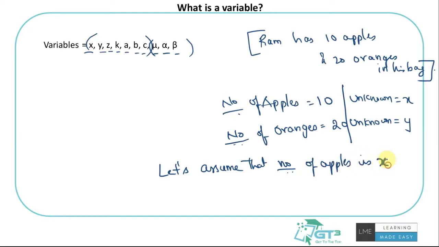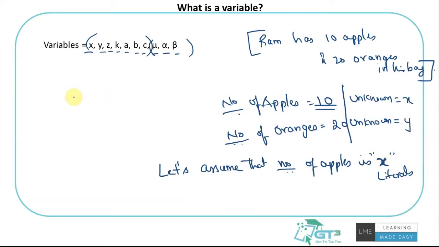This is just a letter replacing the actual number, which is 10. Because I don't know the number, I am putting a variable represented by a letter called x. You call them literals. It's basically a label, which says that if I know the value of x, that is the answer for the number of apples.